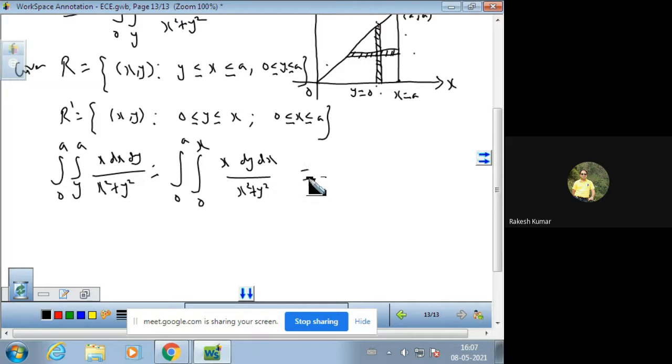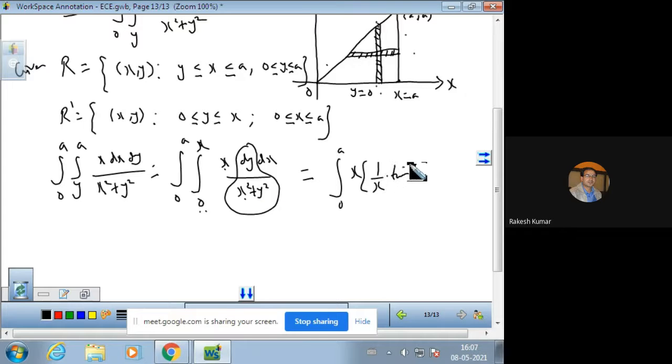You integrate with respect to y, keeping x constant. So dy over x square plus y square, by the formula, is 1 over the constant x, tangent inverse y by x, with limits 0 to x, dx. For upper limit y equal to x, you have 1 by x tangent inverse x over x, which comes out to be tangent inverse 1.